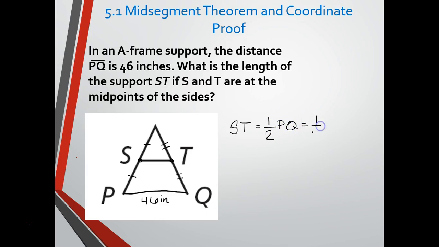And we know PQ is 46. And that ends up equaling, let me see, oh, well, 23. And this is in inches. So put your unit of measurements down, please, whenever we're working with word problems like this. So there we go. We have our length that we are looking for.